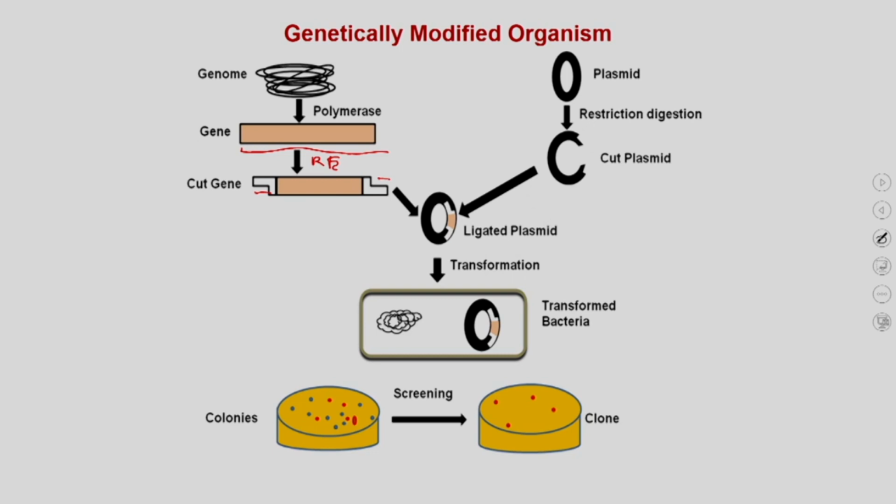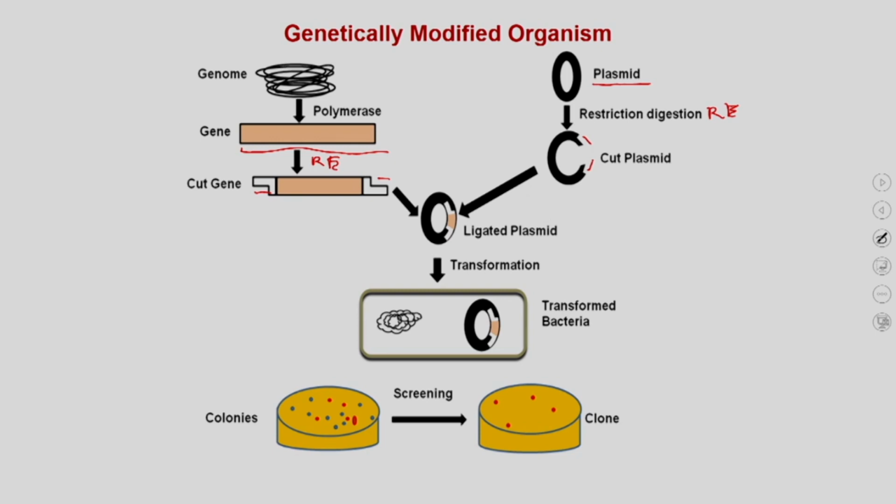Similarly, you take the plasmid and perform restriction digestion of this plasmid with the same set of restriction enzymes, and as a result the plasmid also has sticky ends. Then you take the cut plasmid as well as the gene, put them together and set up a ligation reaction. As a result of ligation, you develop the chimeric plasmid.